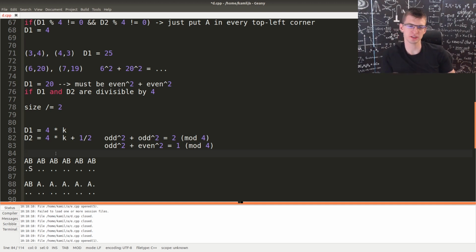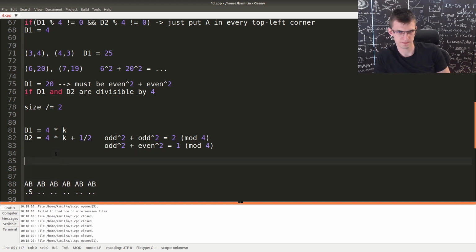Still, it would be nice to say that every second column is done in the same way. Let's say that it's odd plus odd.